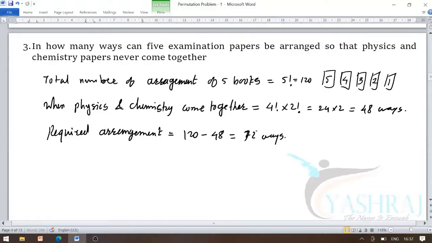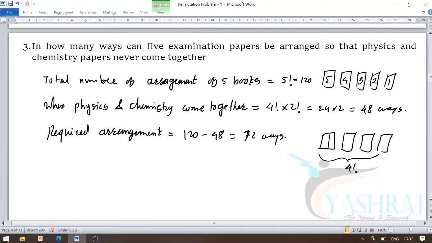Now you have a question in your mind, why do we have to take 4 factorial into 2 factorial? Because there are 2 books now, physics and chemistry. If they are arranged such that they come together, actually we have only 4 places. So to arrange the 4 books, ultimately we have 4 factorial ways.